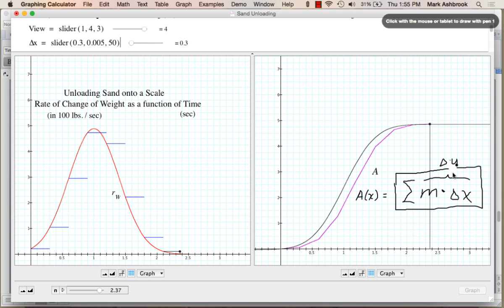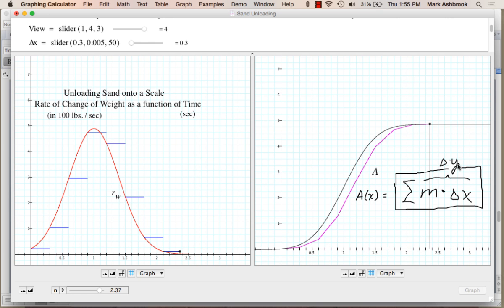Make sense? Yeah. So in a nutshell, this function is about summing up all the accumulation from the completed intervals plus the accumulation from the current interval, which is really just summing up a bunch of accumulation from intervals, and each of those accumulations we found by m times delta x, which is really just delta y. And that's where accumulation comes from.